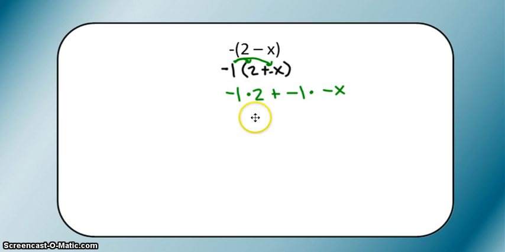Negative 1 times 2 is negative 2, plus negative 1 times negative x. Negative times a negative is a positive, and 1 times x is x. So we just get positive x. Now they are not like terms, so we're done. Going on to the third example.